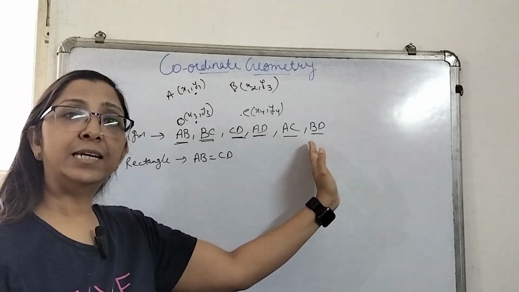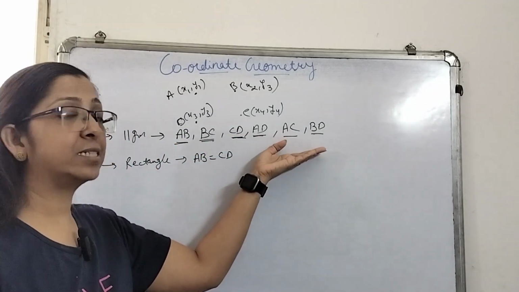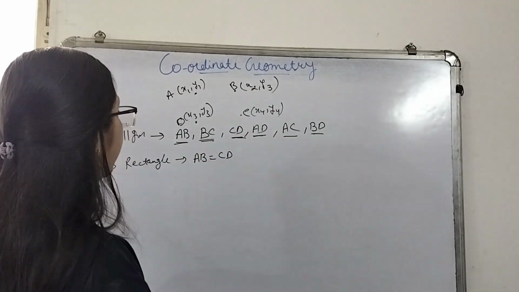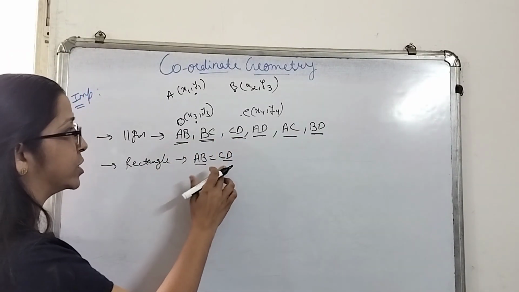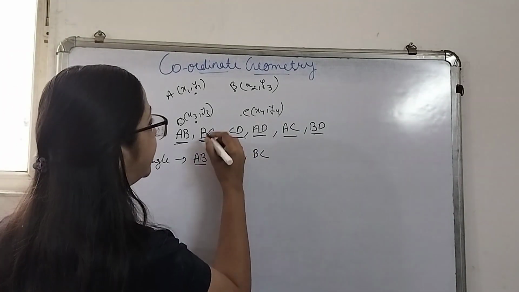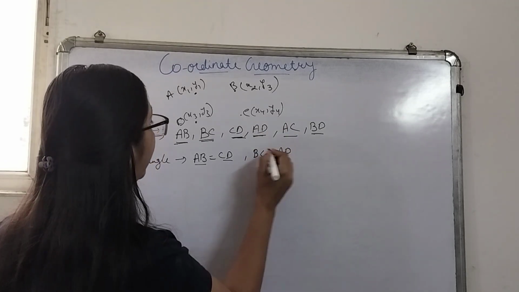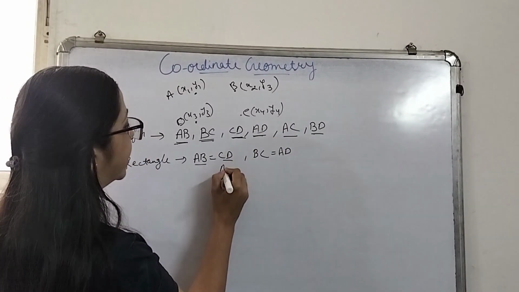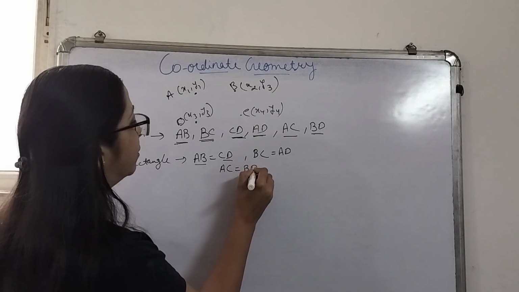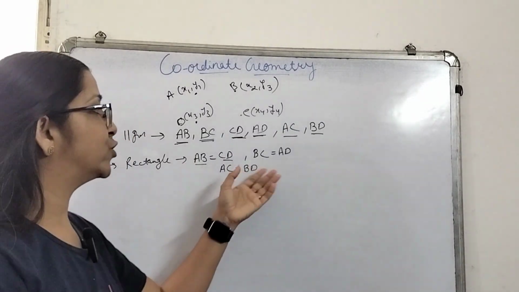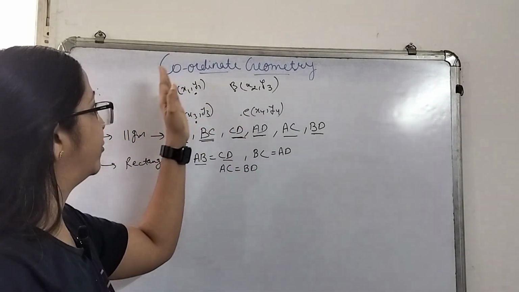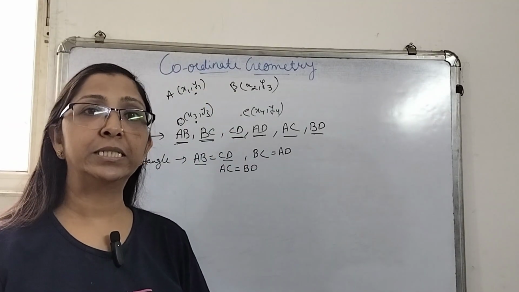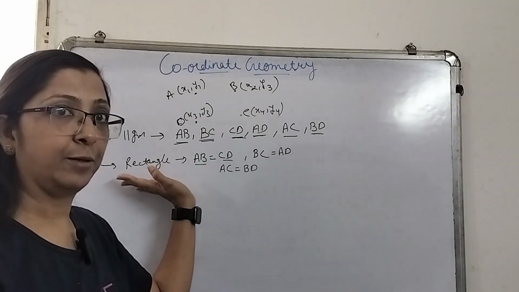And we have to prove that the opposite sides AB will be equivalent to CD, BC will be equivalent to AD, and the diagonals AC will be equivalent to BD. If these 3 conditions are fulfilled, then we will say that the figure formed by joining these 4 points is a rectangle.